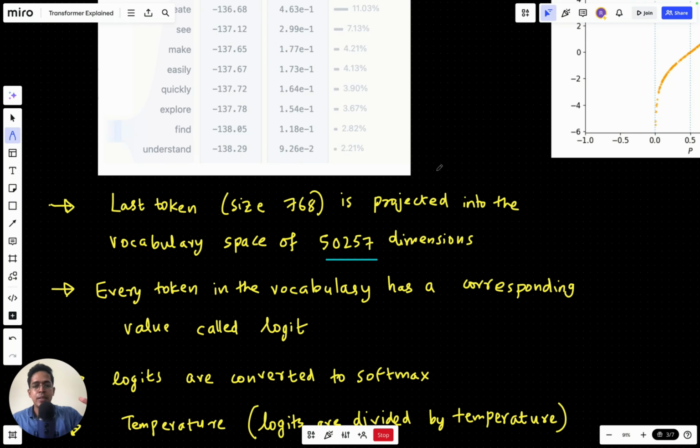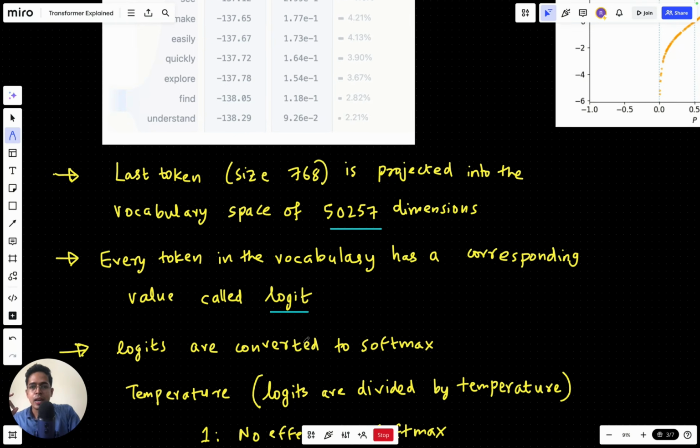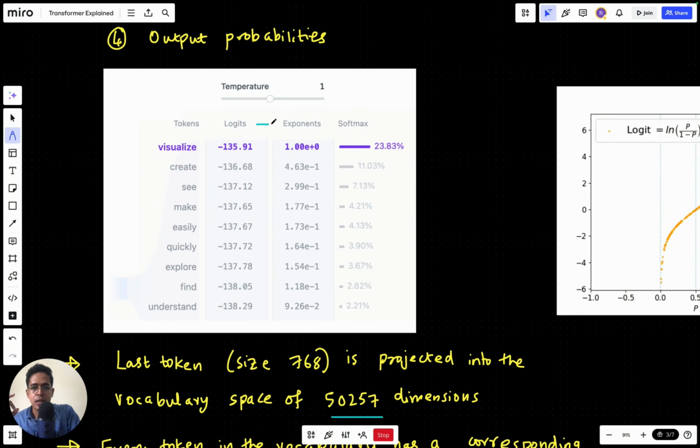So that many dimensions. And every single token in these 50,257 tokens is converted into corresponding logits. Then logits are converted into an exponent. Exponent is converted into a softmax. So softmax is where we get the probability distribution.